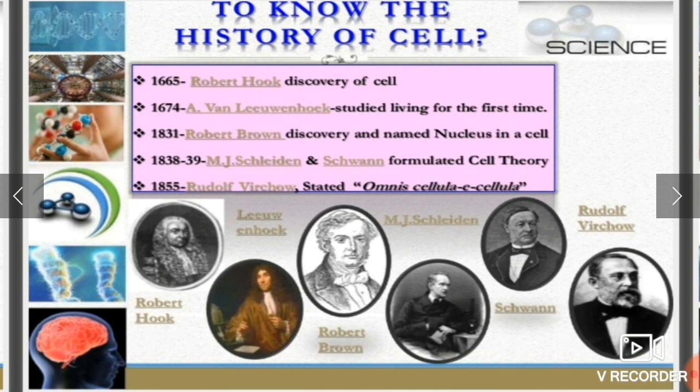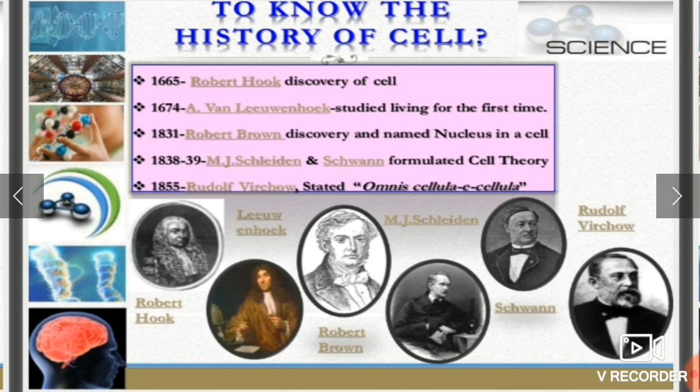And now we will see the history of the cell, how many people discovered it and how it was shaped. We will know who named the nucleus and who formulated the cell theory. In 1665, Robert Hooke first discovered the cell. In 1674, Van Leeuwenhoek studied living cells for the first time. Then in 1831, Robert Brown discovered and named the nucleus in a cell.